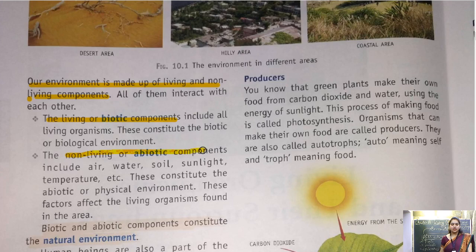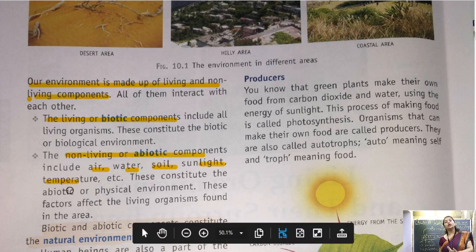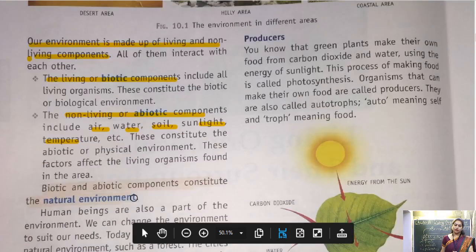Non-living or abiotic components include air, water, soil, sunlight, temperature, etc. So these are non-living components. Okay. These constitute the abiotic or physical environment. These factors affect the living organisms found in the area.